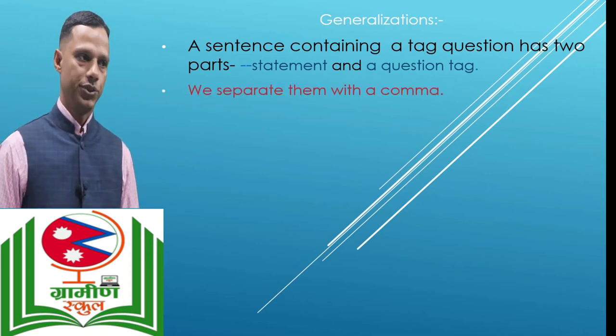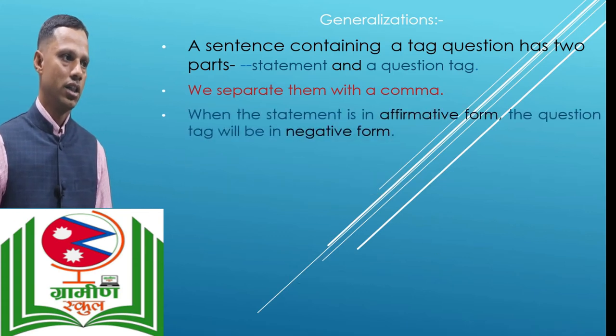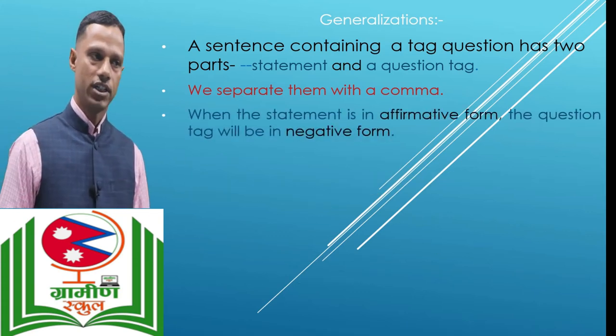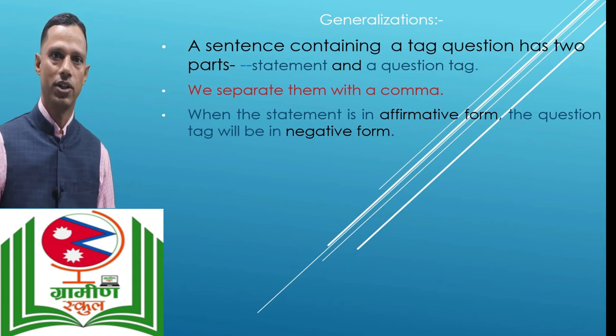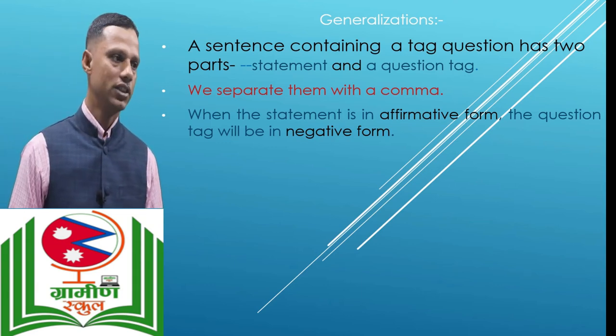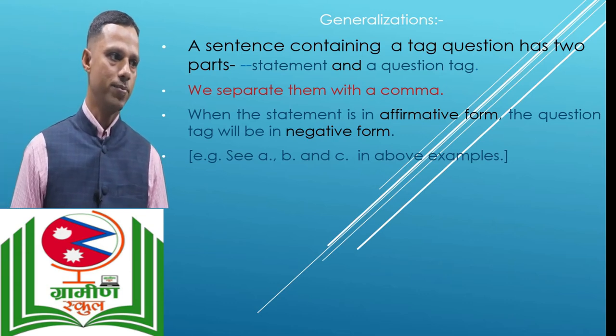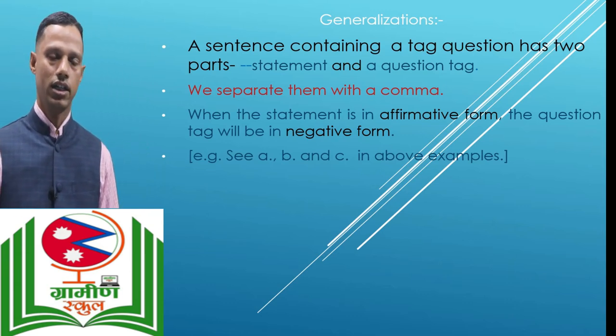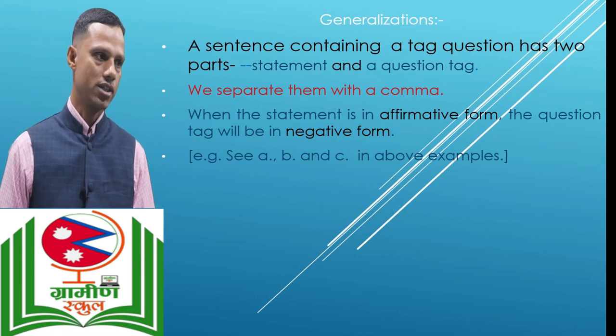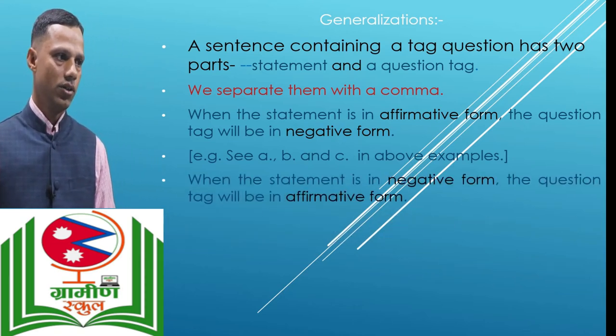We separate them with a comma. When the statement is in affirmative form, the question tag will be in negative form. You can see this in examples A, B and C in the above examples.